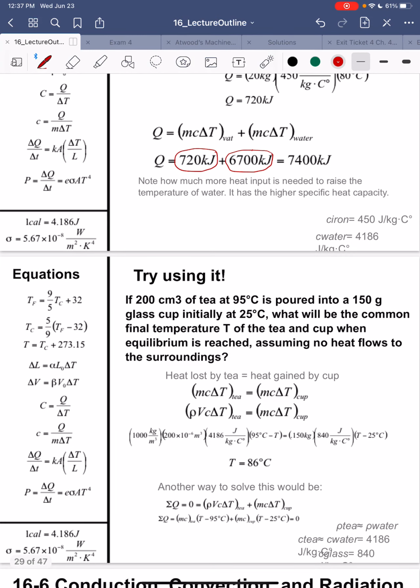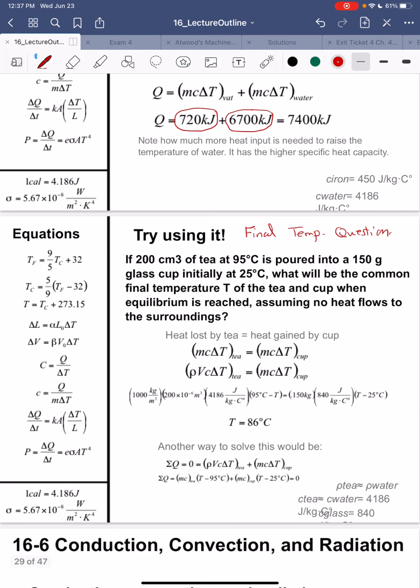There are questions where I will be asked to calculate the final temperature. This question here is a final temperature question. If 200 centimeters cube of tea at 95 degrees Celsius is poured into a 150 gram glass cup initially at 25, what will be the common final temperature of the tea and cup when equilibrium is reached, assuming no heat flows to the surrounding?